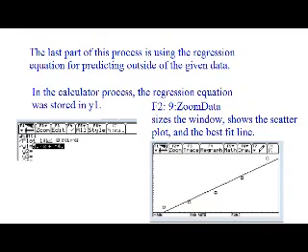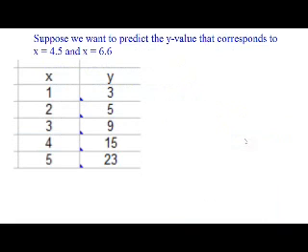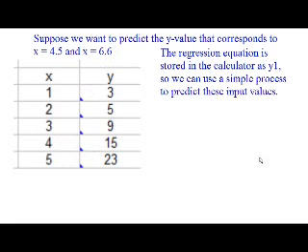So let's suppose we want to predict for values of x 4.5 or 6.6. 4.5 is not in the chart, nor is 6.6. We put that equation in the calculator and stored it as y1, and there's a very simple process that we can use to predict these values.